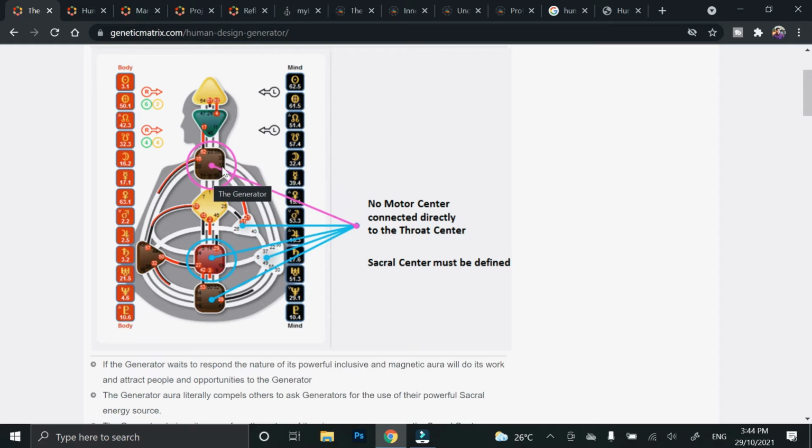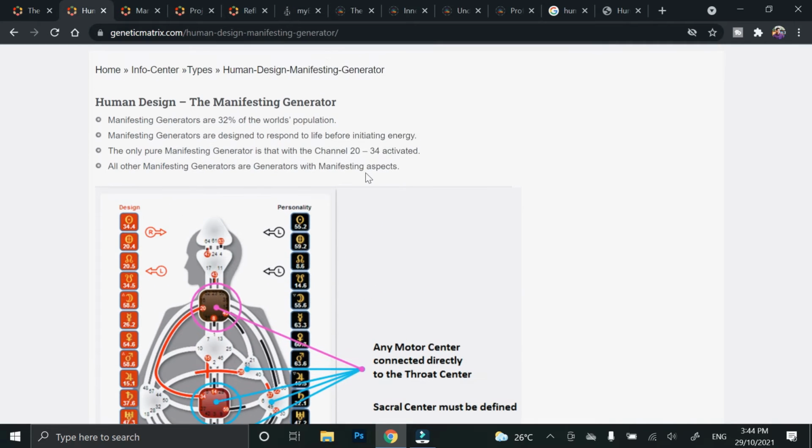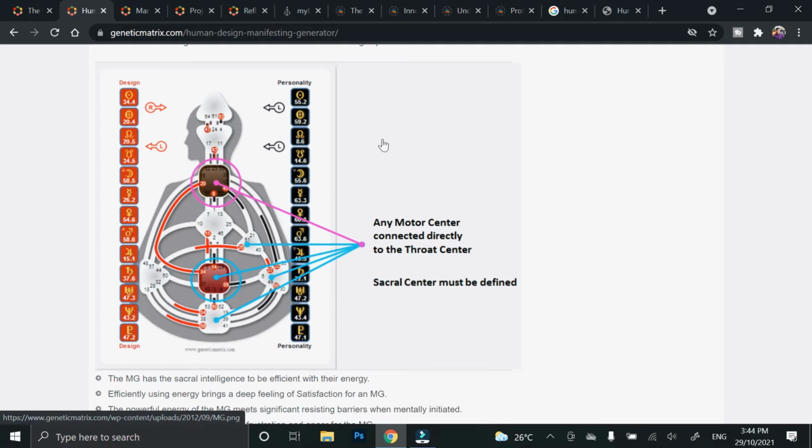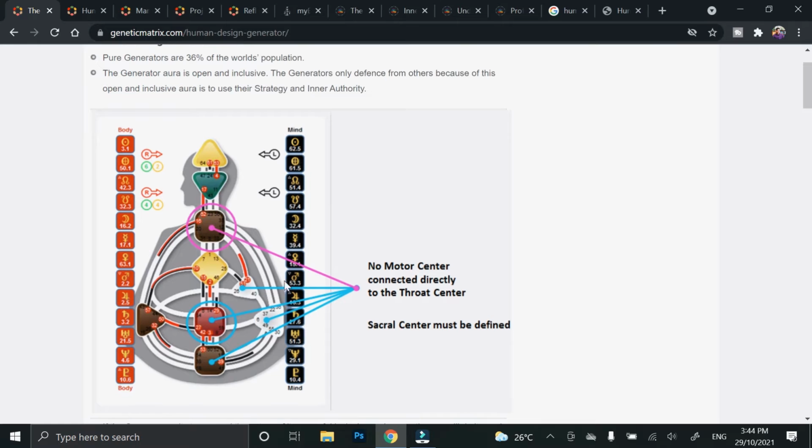And so the difference between a generator and a manifesting generator, so this is a manifesting generator, is that a generator does not have a motor connection to the throat. So if you look at the generator over here, they do not have a connection to the throat. It is not connected directly or indirectly to the throat.